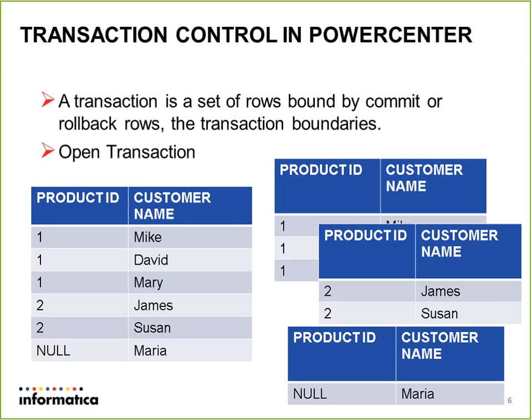The set of rows that are present in the first and the second transaction, that is basically the first 3 rows and the next 2 rows, would be committed to the target database separately. You have an option within PowerCenter to commit or roll back the last row.